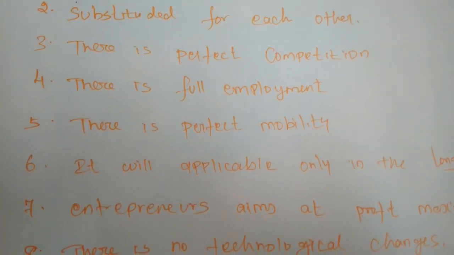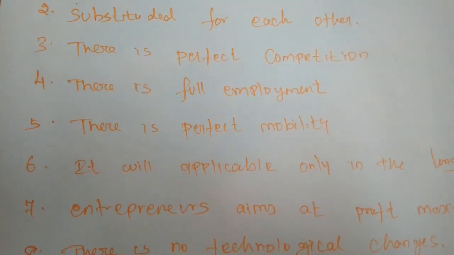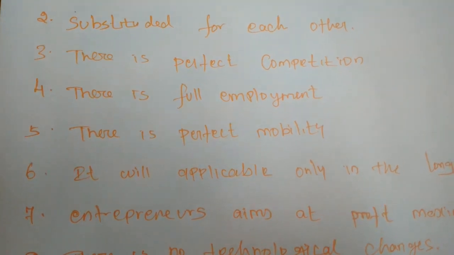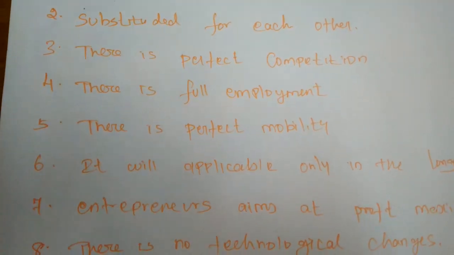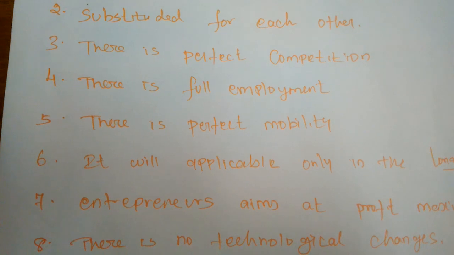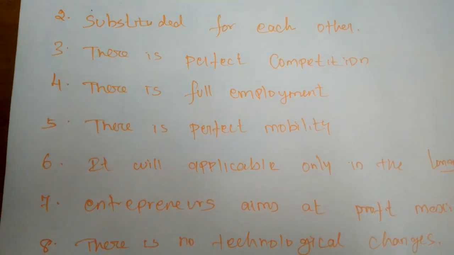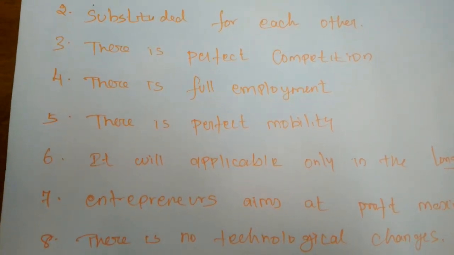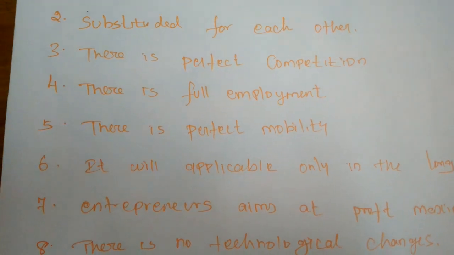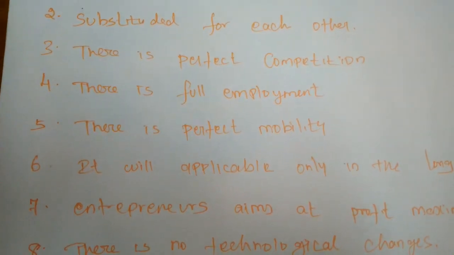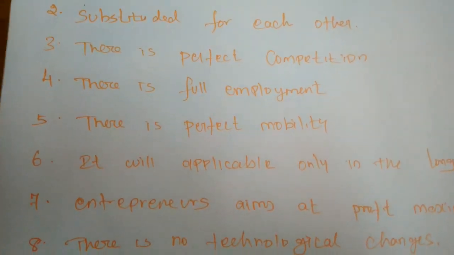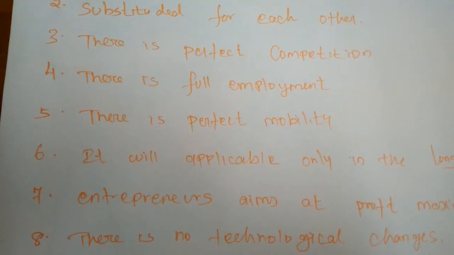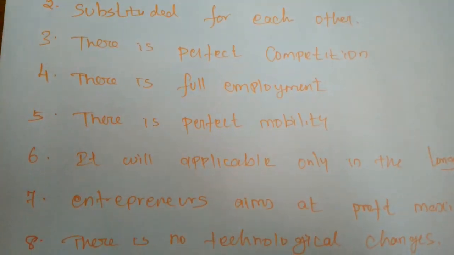Next, the entrepreneur aims at profit maximization. When arranging the four factors of production, he has the objective of earning more profit. Profit maximization means he wants to get more profit than his cost of production.